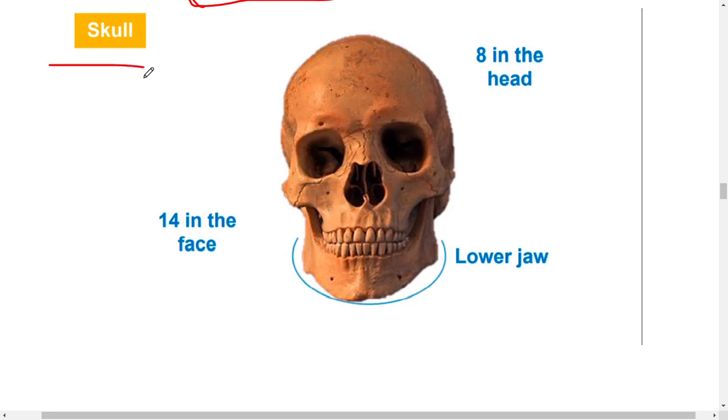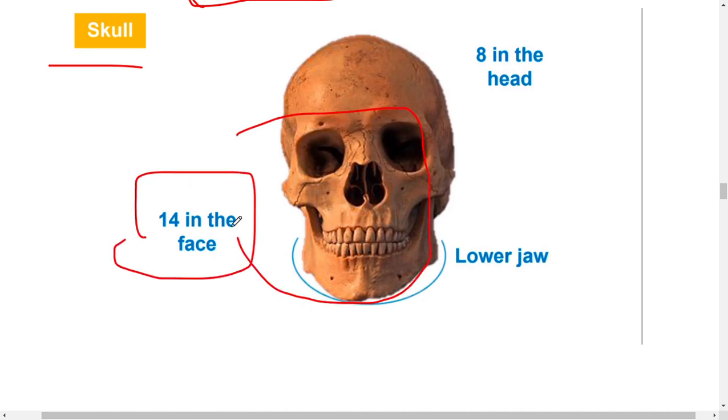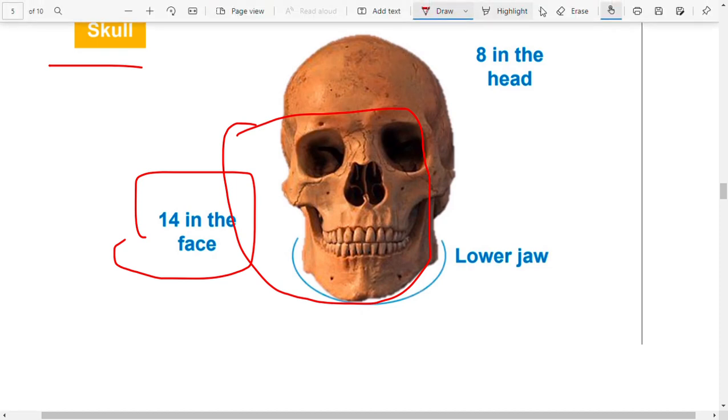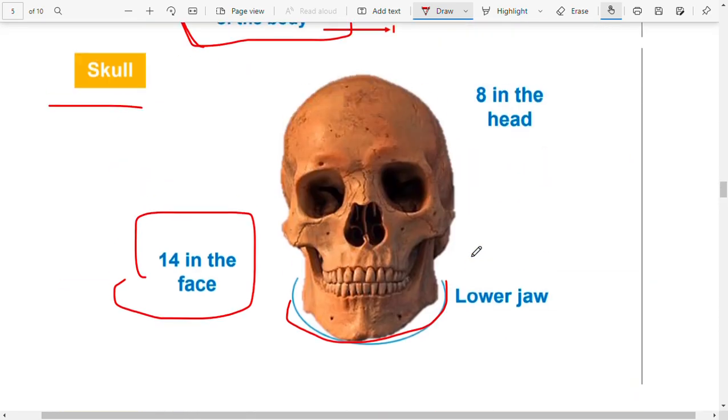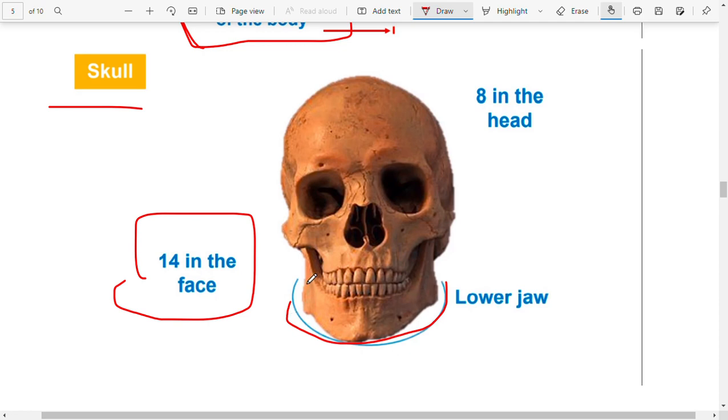Now let's learn about the skull. In the skull, we have 14 bones in this face part. So in this face part, we have 14 bones total. Here is the lower jaw. Only this lower jaw bone can move.